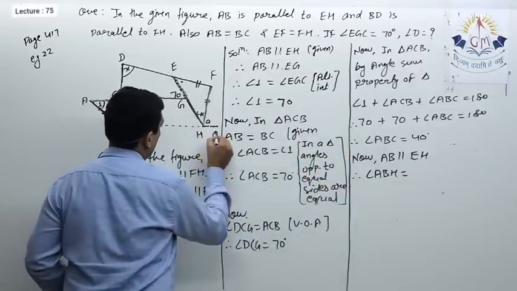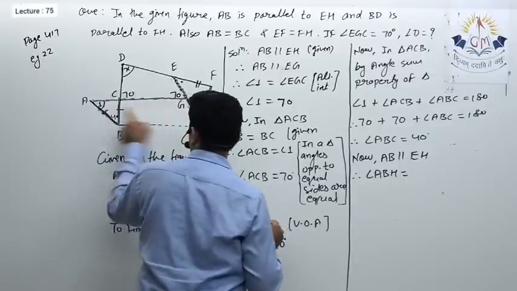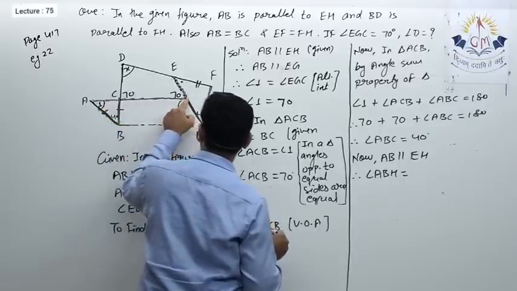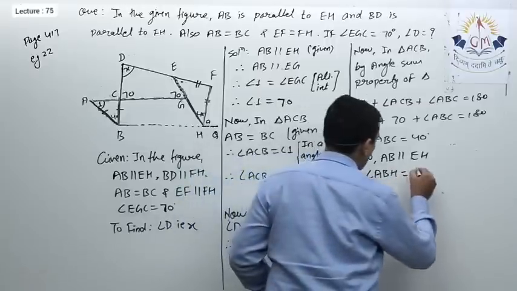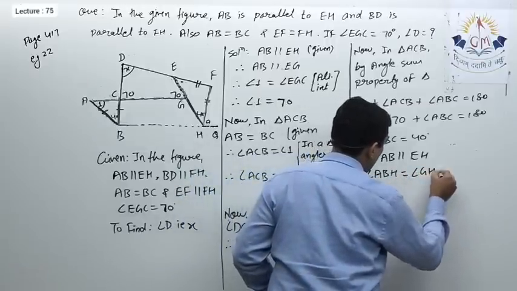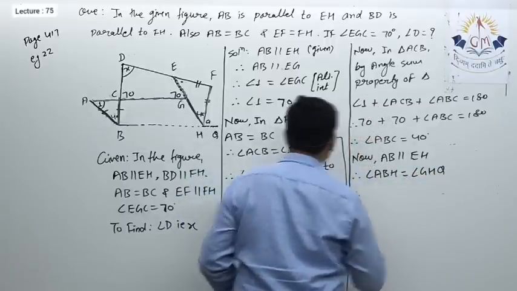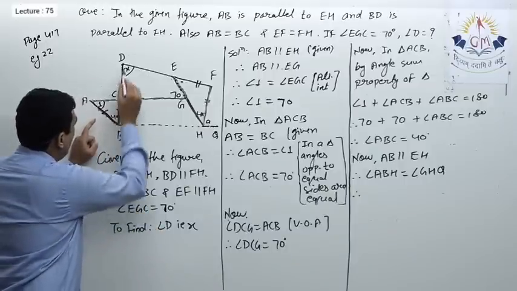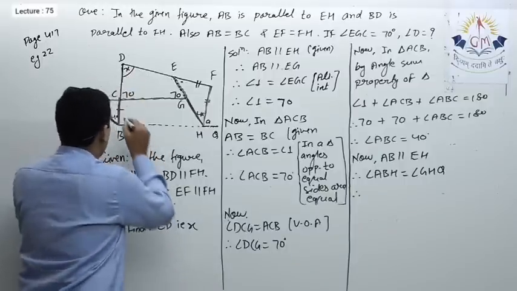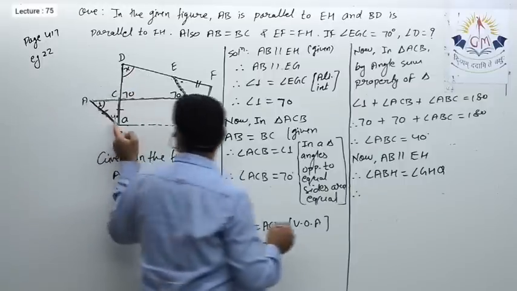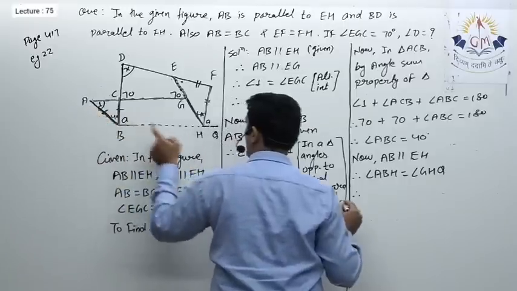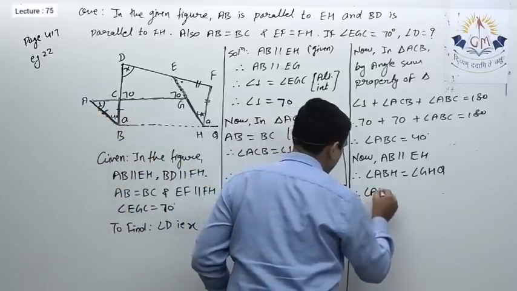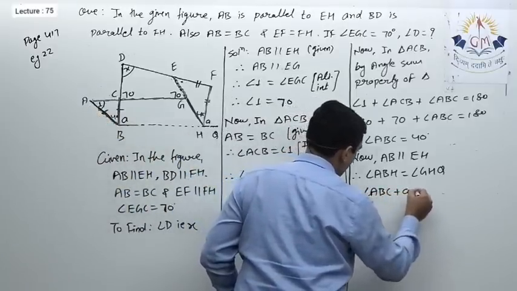Suppose this point is Q. Now ABH can be written as ABC plus DBH, or I am writing it A. ABH is equal to angle ABC plus A.